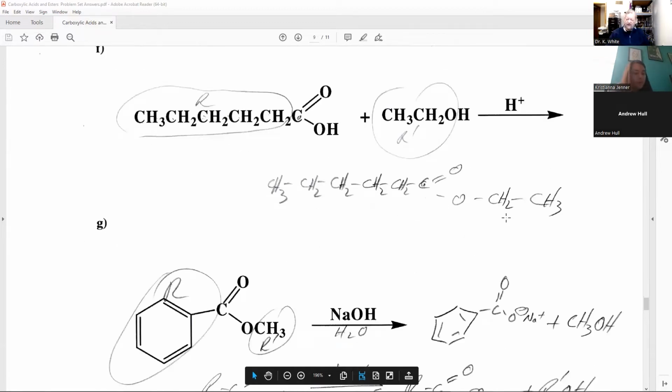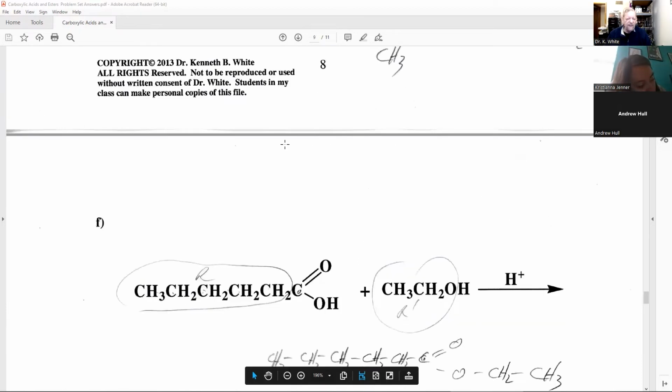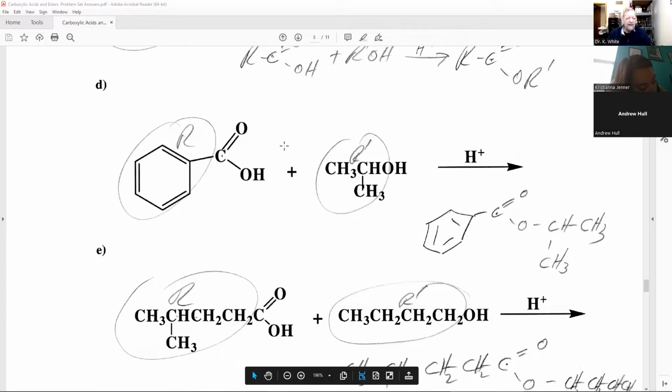But what I've been training you to do, which is the beauty, the power of organic chemistry, even though you're dealing with different molecules, like if you look at D and E, those are different carboxylic acids, but they're both carboxylic acids.